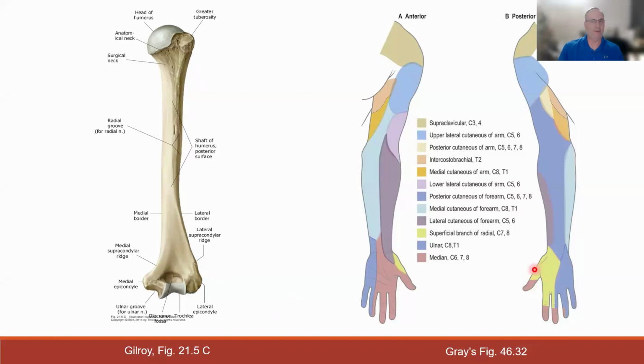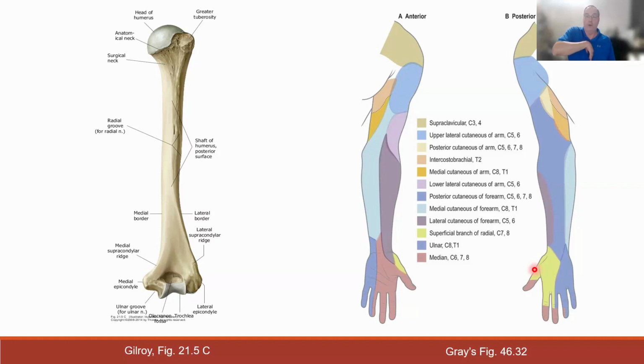So for radial nerve involvement, here are a couple of quick ways to check. If we were working with a patient in whom we suspected a fracture involving the midshaft of the humerus, maybe we got them stabilized and they're in a sling, let me back up a little bit so y'all can see me. So I'm stabilized, maybe I'm in a sling.